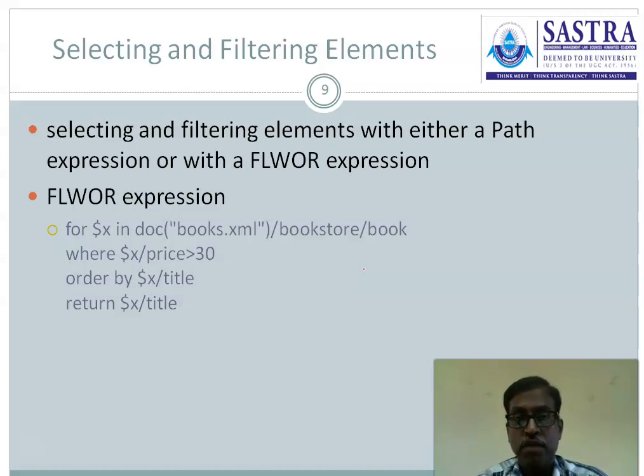If you are using a FLWOR expression, then the for loop: for $x in doc of books.xml, bookstore, book. I am going to search for book. I want to apply some filtering conditions. Based on the filtering conditions, I am going to display only specific information like the title.